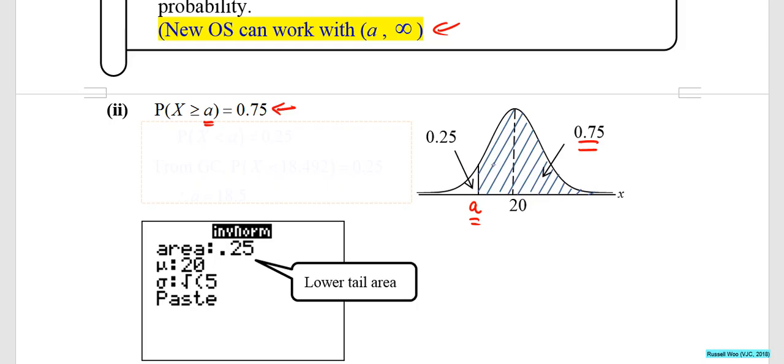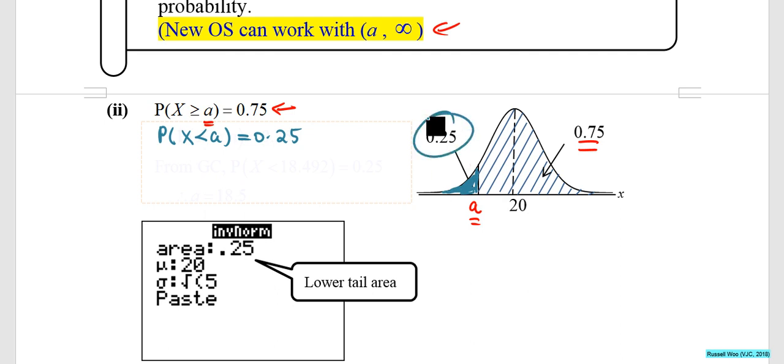So I would first do this. I would say probability x smaller than A must be equal to 0.25. I will convert it into a lower bound area first. Then this is 0.25. I want this to be 0.25.